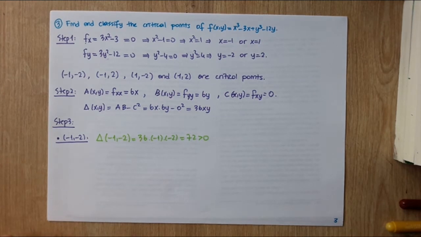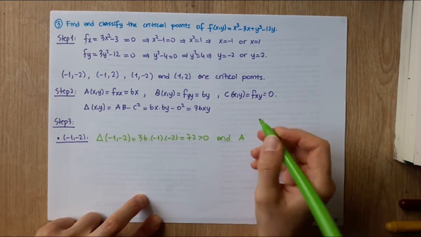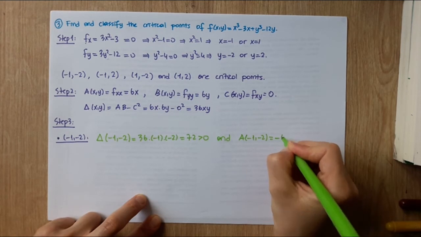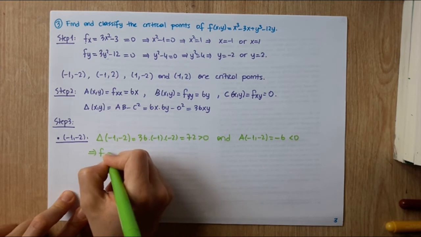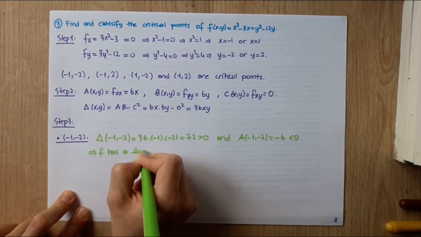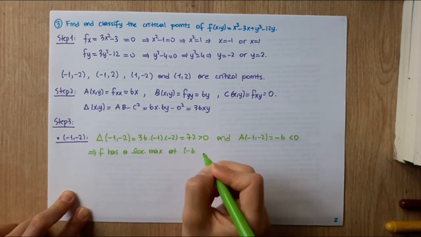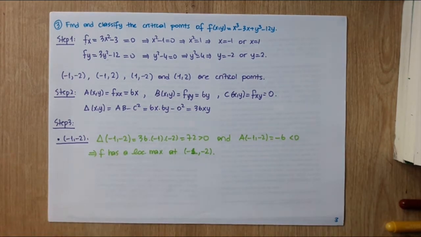If delta is greater than 0, you should check the sign of a. And a at minus 1, minus 2 is minus 6, and it is less than 0. So f has a local maximum at minus 1, minus 2.